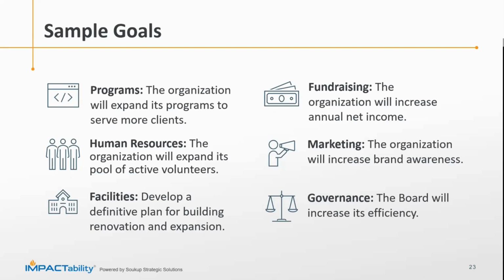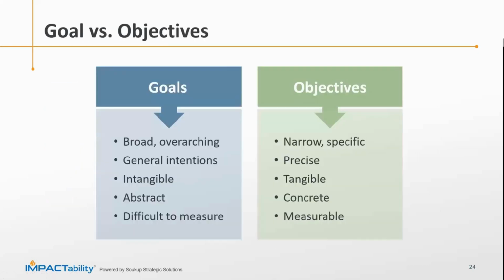For fundraising, the organization will increase its annual net income year over year, for instance, or it might be its annual fundraising income. For marketing, the organization will increase brand awareness, and for governance, the board will increase its efficiency. So these are different things that might come up. These are not for every organization, but just some examples.